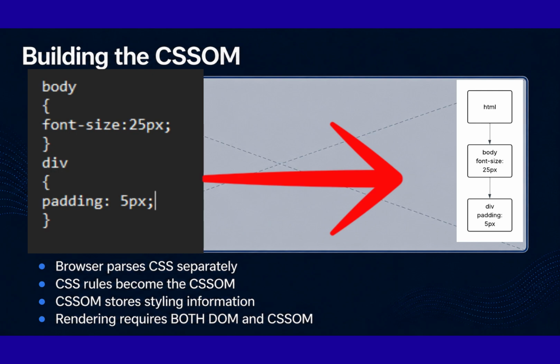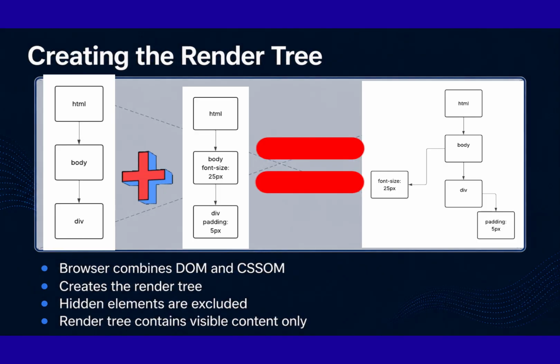The browser cannot fully render the page until both the DOM and the CSSOM exist. Why? Because the browser needs both structure and styling before it knows what the final page should look like. That's why certain CSS files can delay rendering. Pause here if you want a moment to process the difference between the DOM and CSSOM.